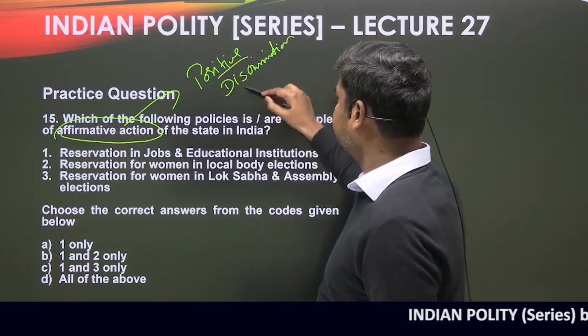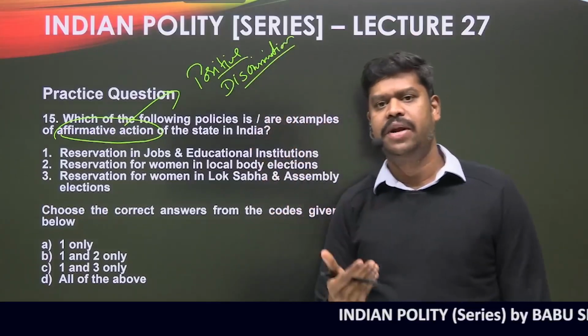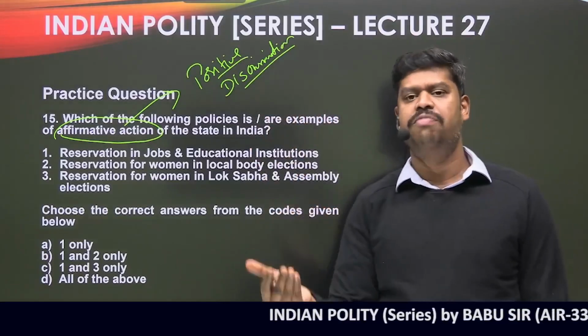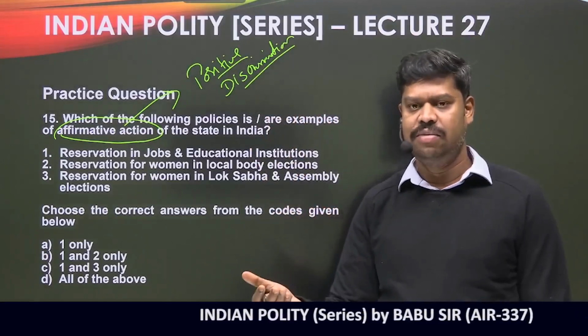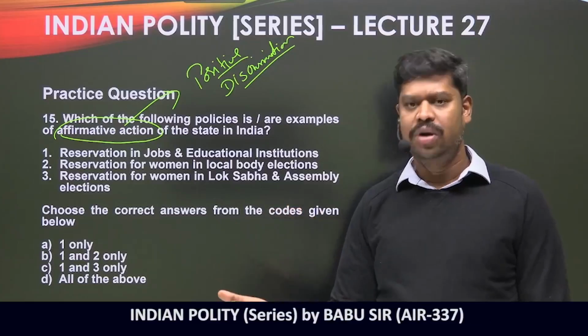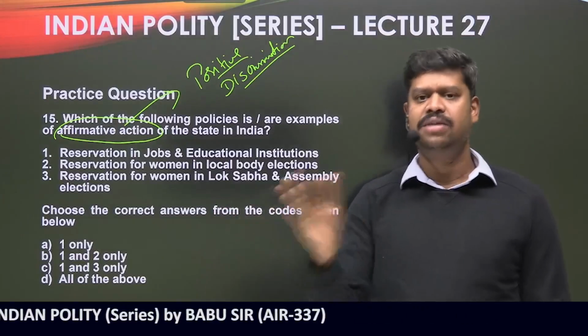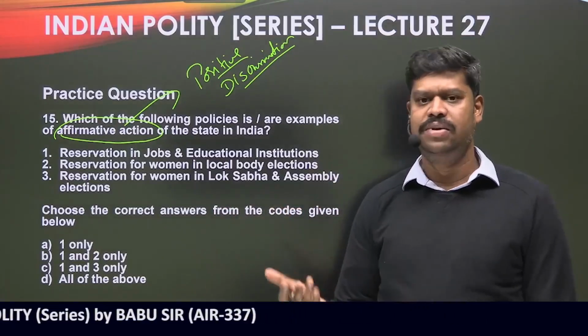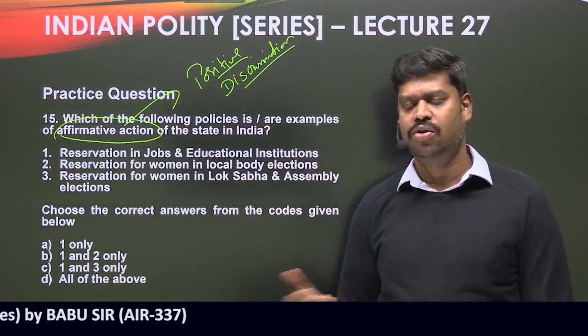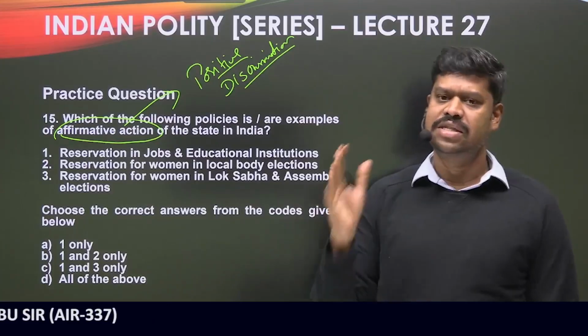Positive discrimination means these are policies which are discriminatory in nature but in favor of backward, in favor of vulnerable sections, in favor of people who are depressed classes. So for them it is favorable, but it may be discriminatory to others.